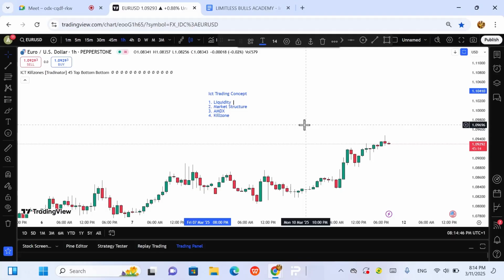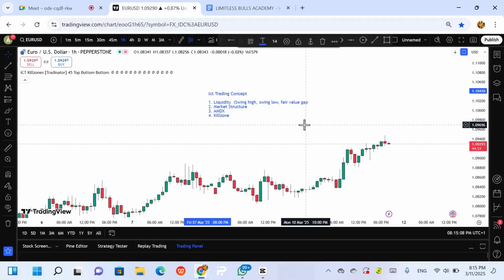First you can have the swing high, the swing low, the fair value gap, and the volume imbalances. Let me just put imbalances. You can take note as well.